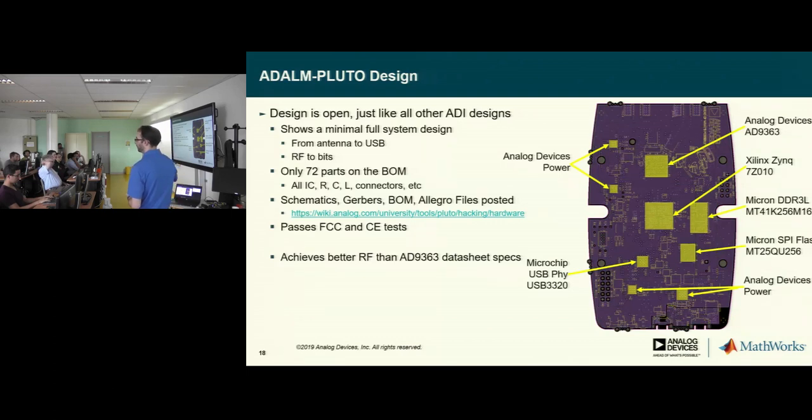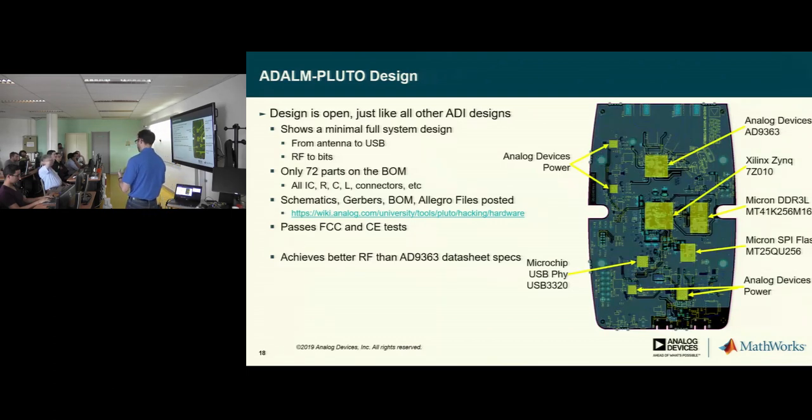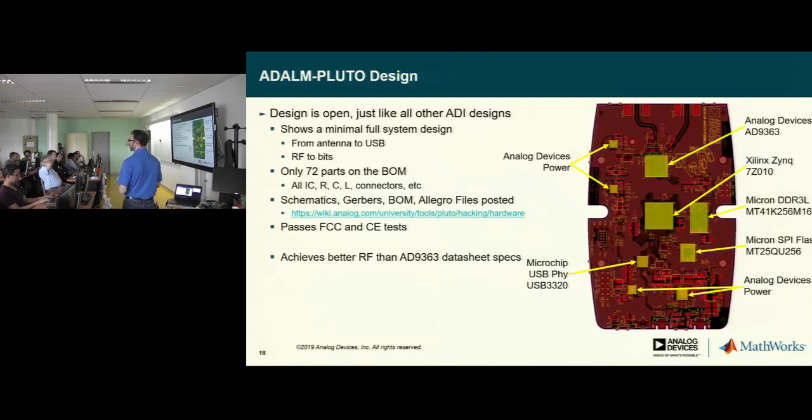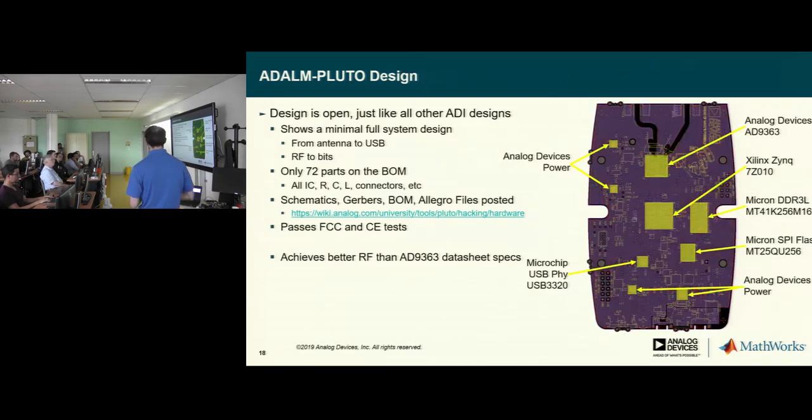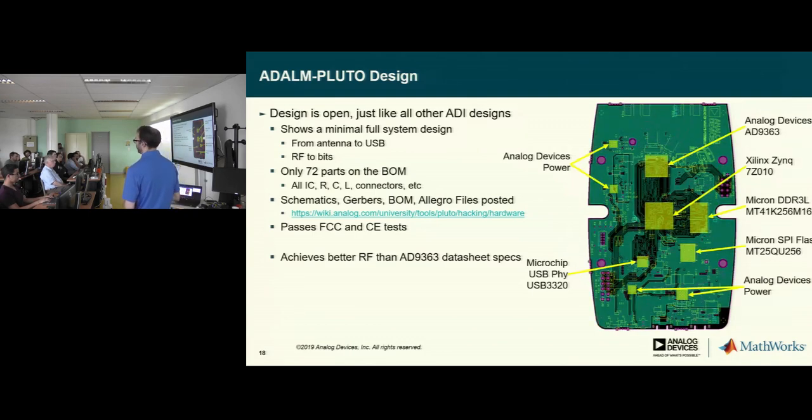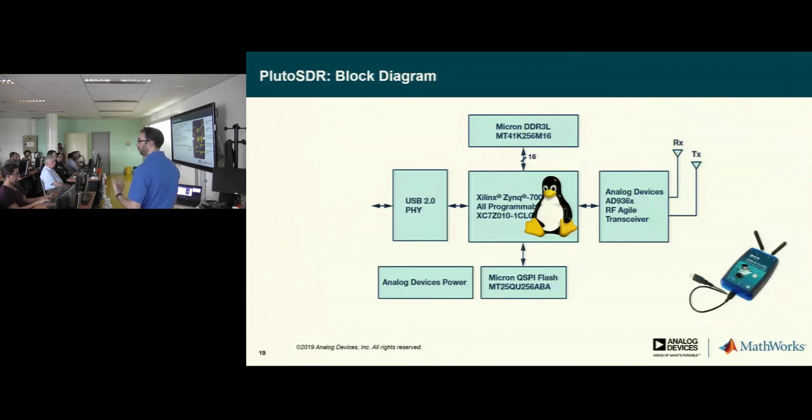The BOM has only 72 line items, so that includes all the way down to resistors, capacitors. It's a very, very compact design, and we provide schematics, Gerbers, Allegro files online. So if you want to build your own board off of Pluto, you're completely free to do that, and we really welcome that.